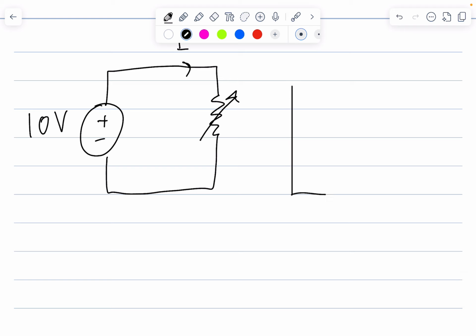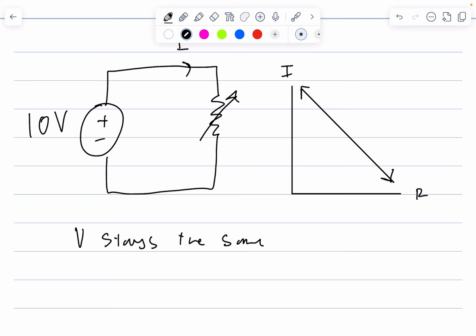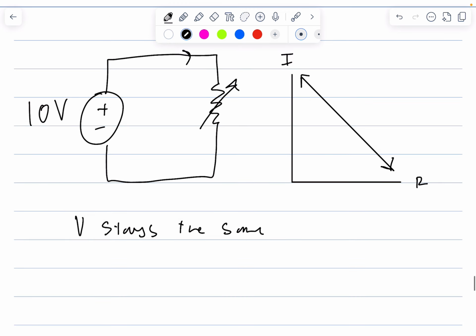If I was to draw resistance with current here, it's inversely proportional, right? With the same voltage, if voltage stays the same, as R goes up, current goes down.